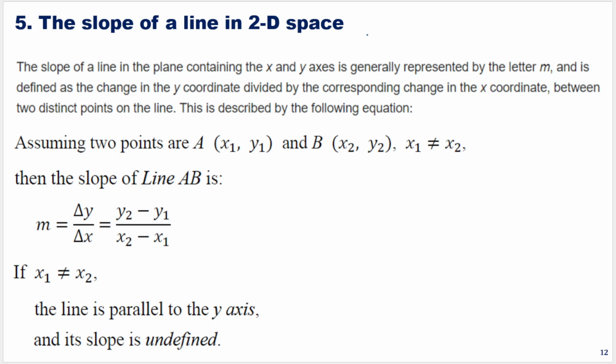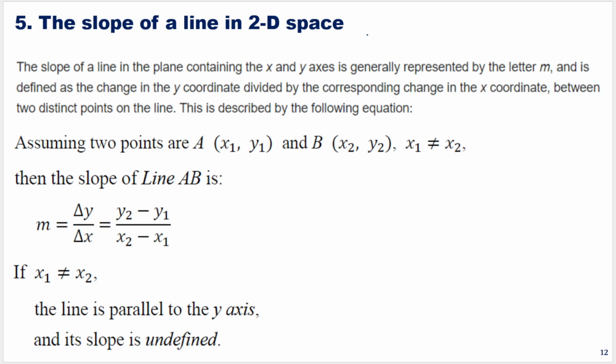And that is defined as a change in the y coordinate divided by the corresponding change in the x coordinate between two distinct points on the line. This is described by the following equation.